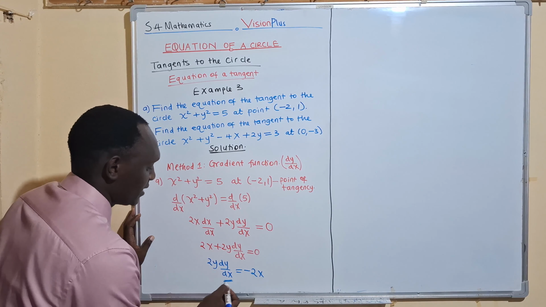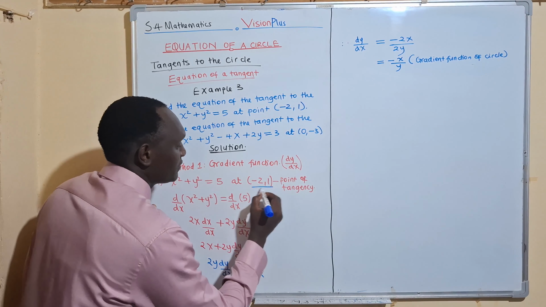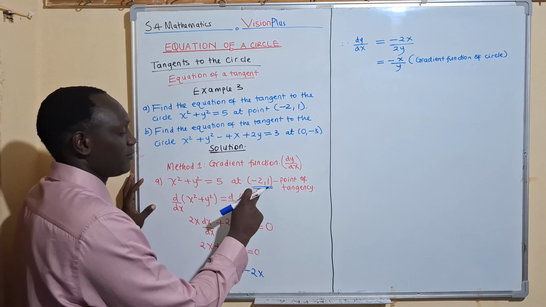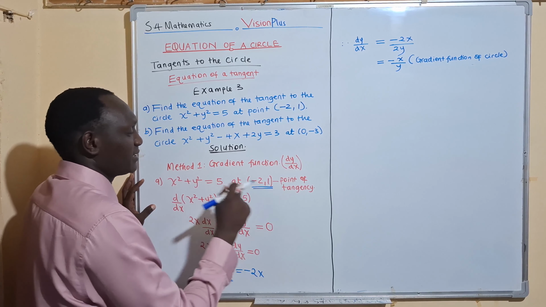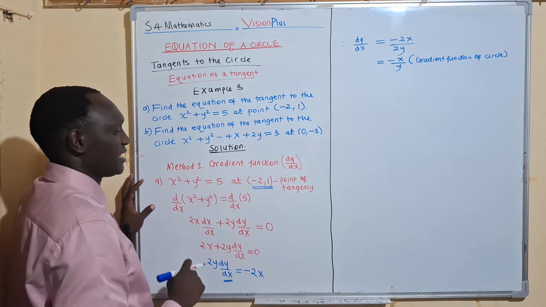The gradient function gives us the gradient of the circle at any point on the circumference. So this function applies anywhere on the circumference of the circle. That means it also applies to the point of tangency, because the point of tangency is on the circumference. It is the point on the circumference where the tangent meets the circle.